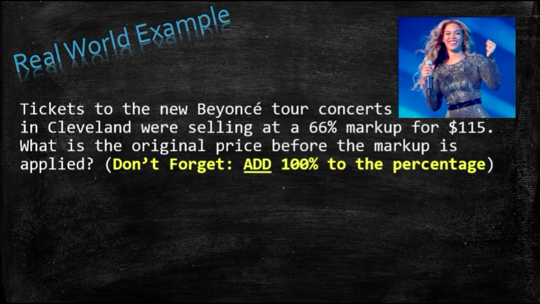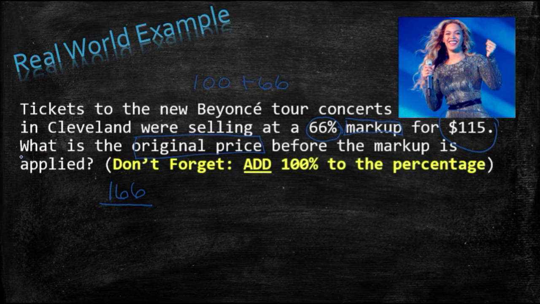For this problem, you should have set up your proportion with 166 on the top because we know that this was a markup, and you would have taken 100 plus 66 to get 166. You should have had 66, 115 circled, and I definitely would have had markup and original price boxed.